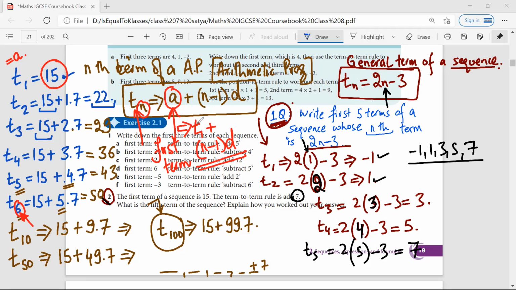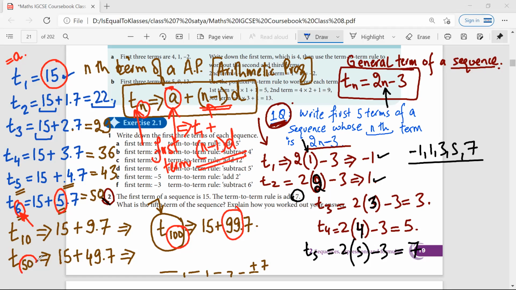You can use either of these two formulas. Basically, they are same. In this case, we are writing the first term as T1. Here we are referring the first term as A. So Tn is equal to A plus n minus 1. N minus 1 is basically, if you want the sixth term, you will multiply by 5. If you want the 100th term, you will multiply it by 100 minus 1.